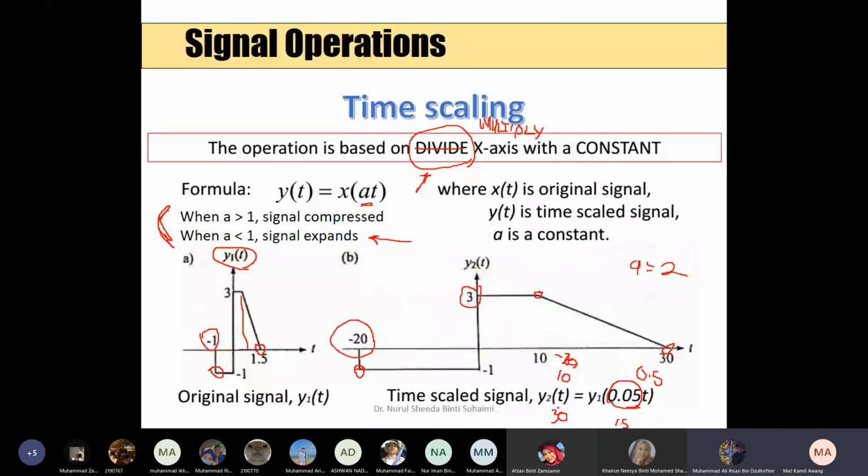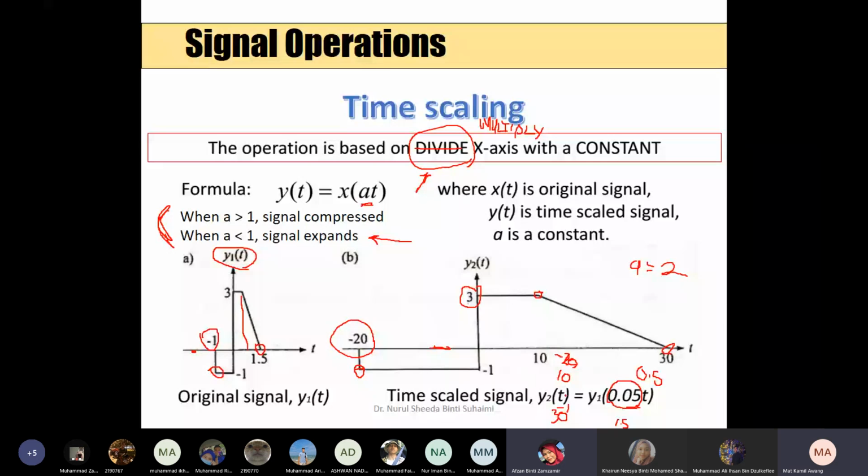Let's say at t equal to minus 1, somewhere here. Minus 1 times 2 is minus 2. So y1 at minus 2, what is the value? 0, right? It becomes smaller.